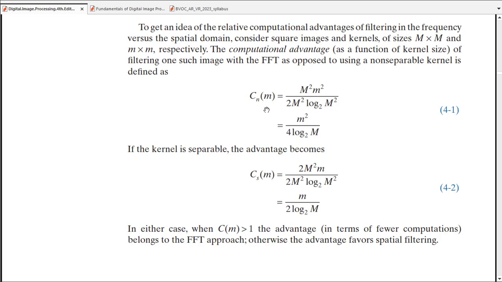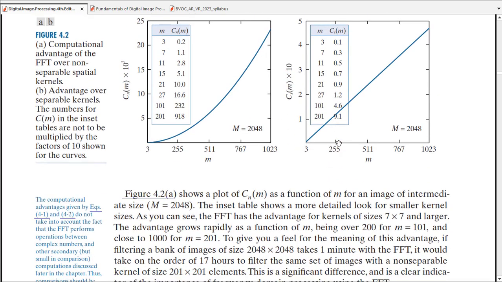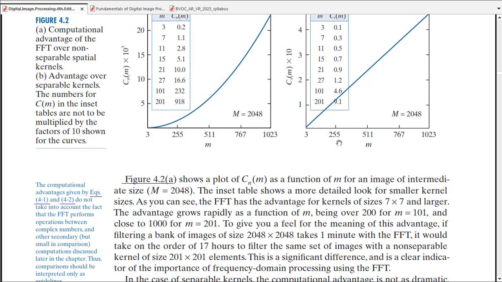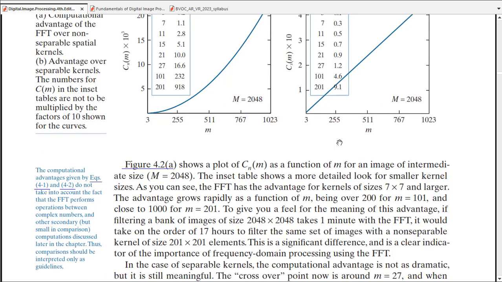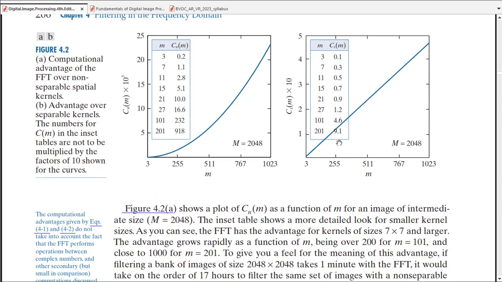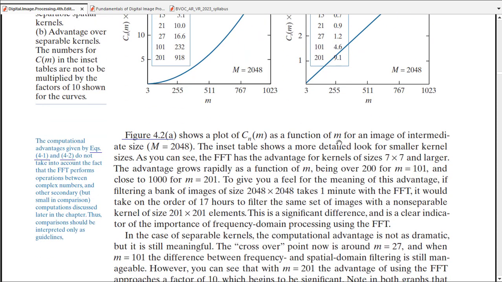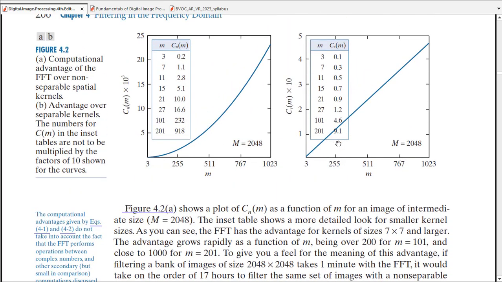The computational cost goes from M squared times N squared down to 2 M squared log to the base 2 of M, a simplification of about M squared divided by 4 log M. In these approaches to computational advantage among kernel fast Fourier transformations, the capital M value relates to the dimensionality, and small m represents the intensity values.